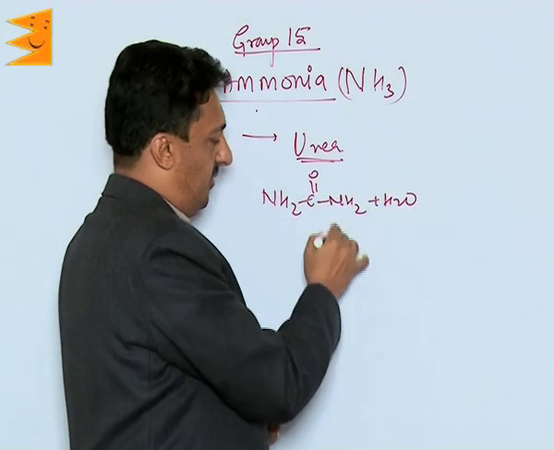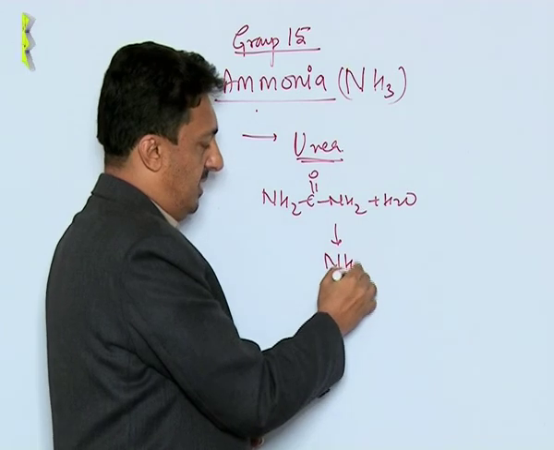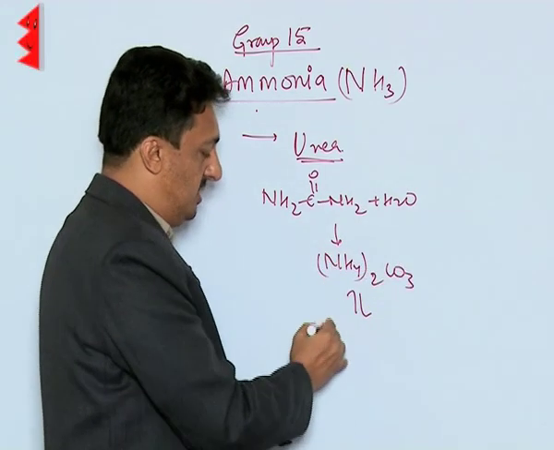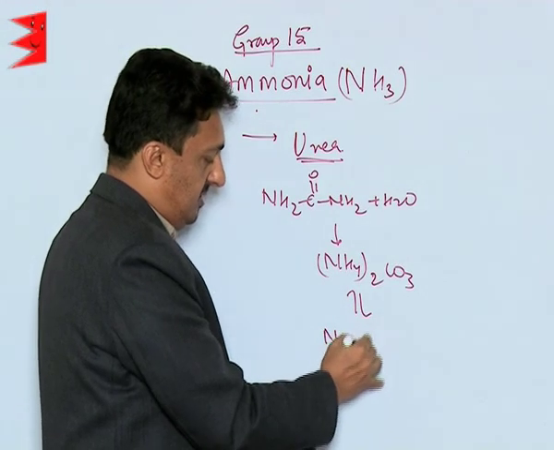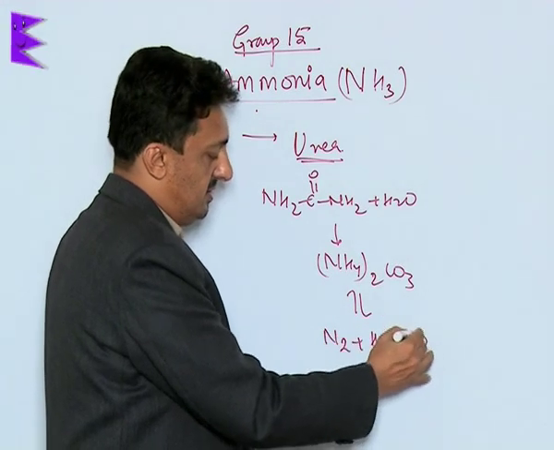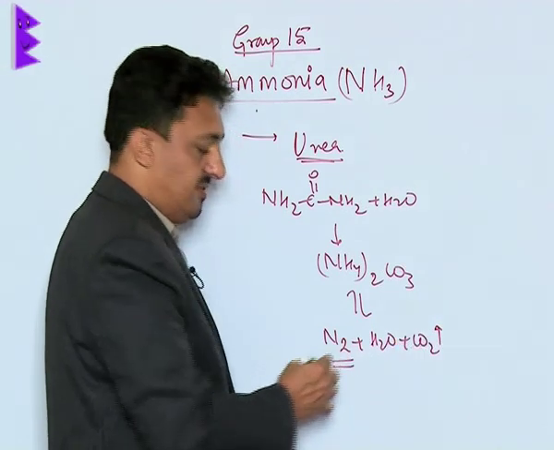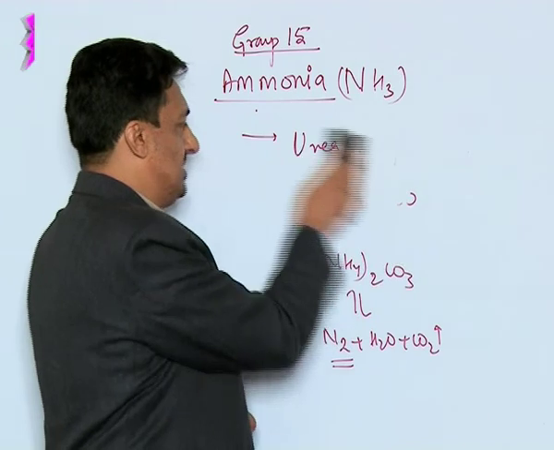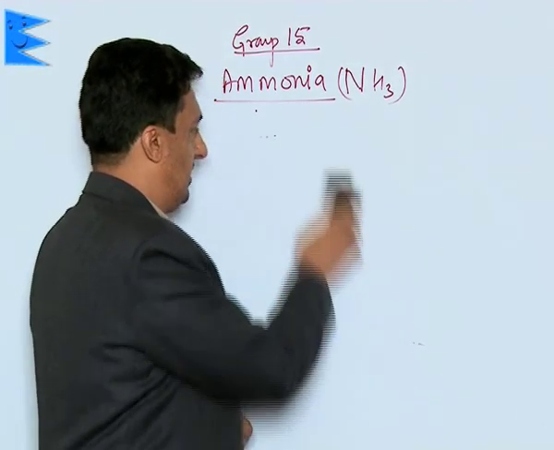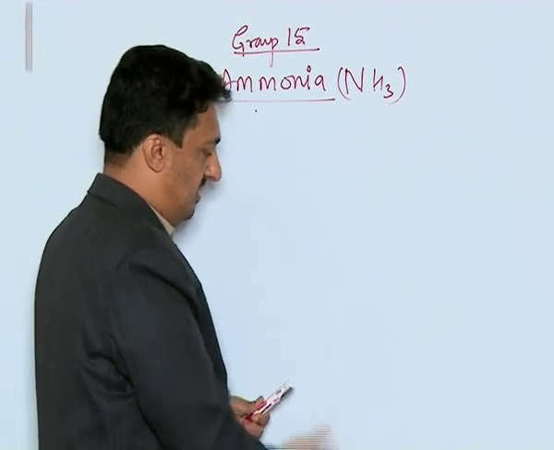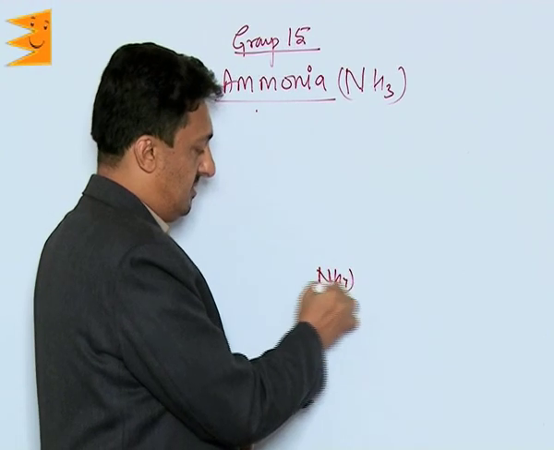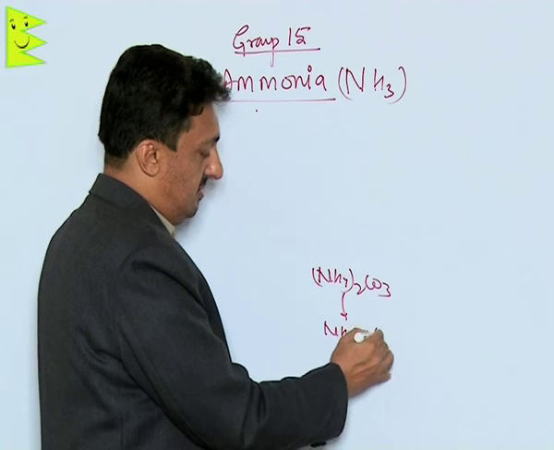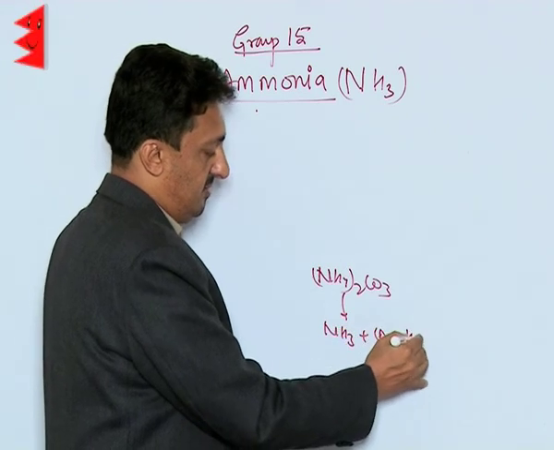Urea when treated with water forms ammonium carbonate, which on its own decomposes to give ammonia, CO2 and water. It's not nitrogen, it is ammonia plus CO2 plus water which is formed.